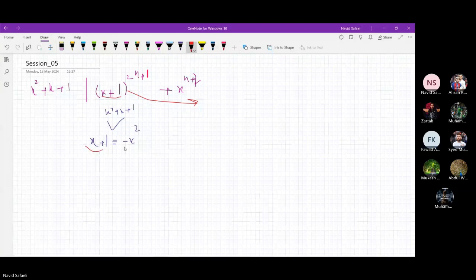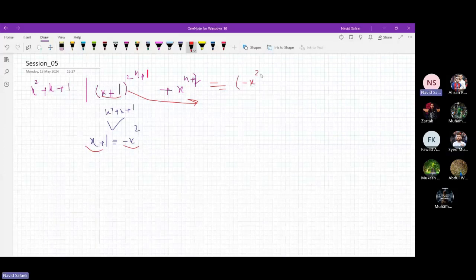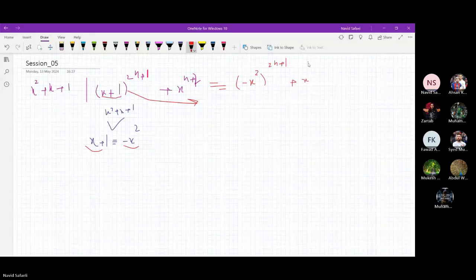Yes, sir. Okay, so this expression would be congruent to this, minus x^2 to the power of 2n plus 1, plus x to the power of n plus 2, right?